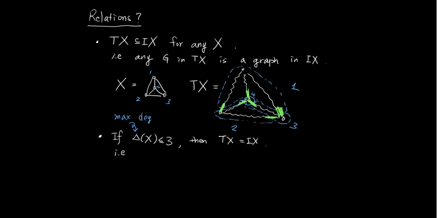In this case, any graph in Ix is a graph in Tx. We also have the opposite direction. 在度数小于等于3的时候呢，这个 Ix 呢也会被 Tx 包住，所以它们会相等。在这个情况下才能够成功。So we know X is in our case the K4 has degree at most 3.